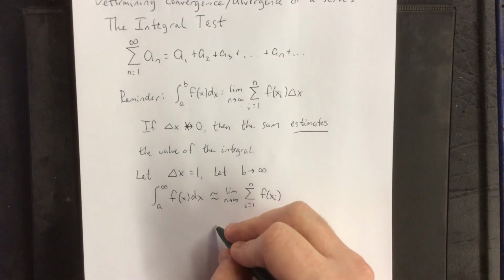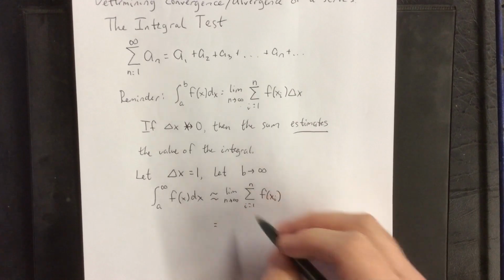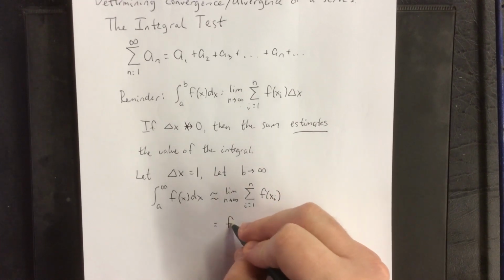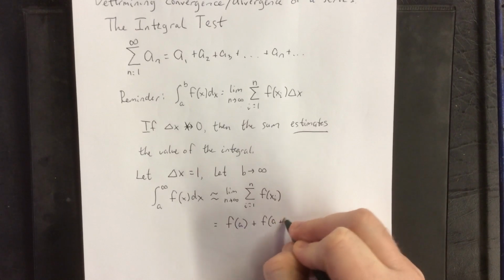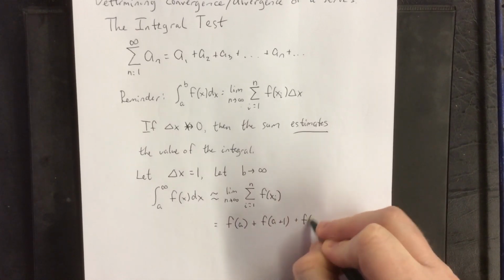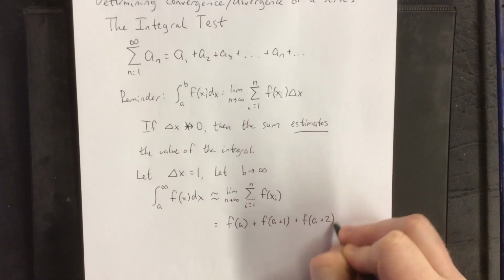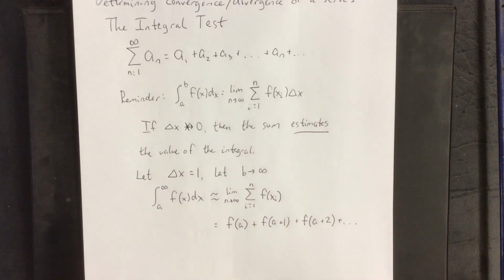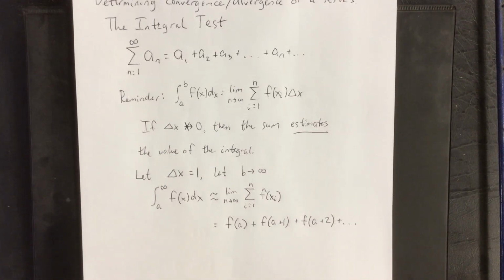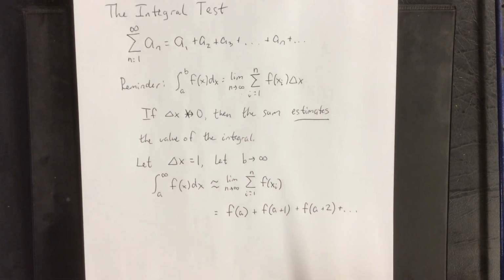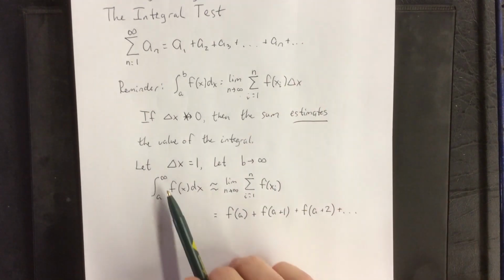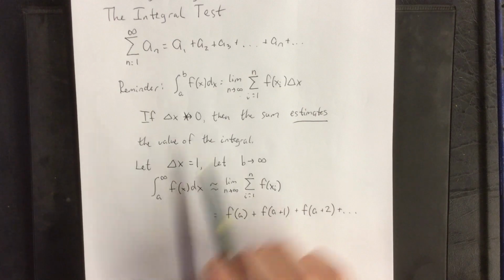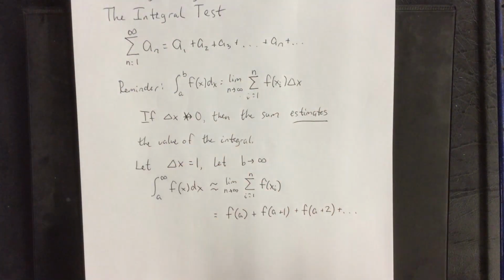This means that this series is going to be equal to f of a plus f of a plus 1 plus f of a plus 2, and basically that'll go on forever and ever and ever. It is because of that there is a strong correlation between an improper integral of a function and the sum of the corresponding series.